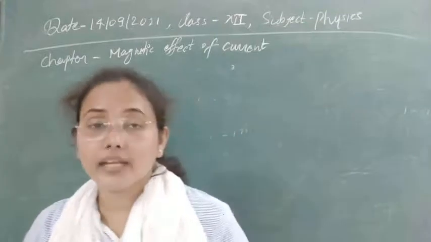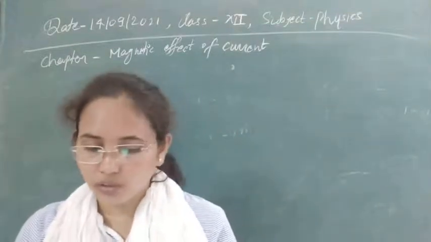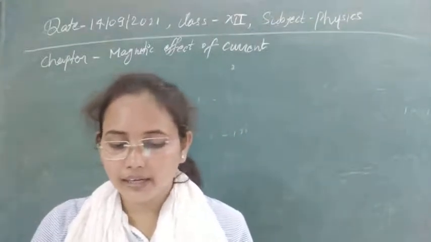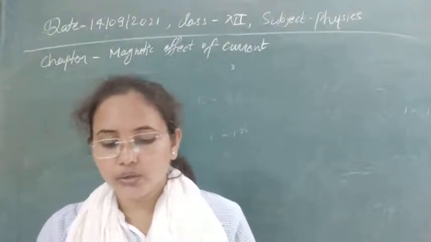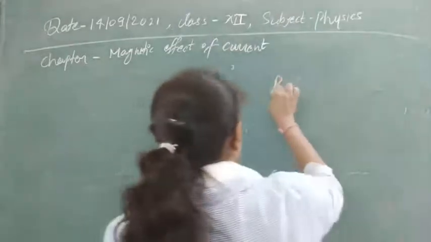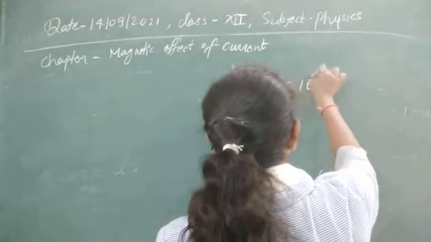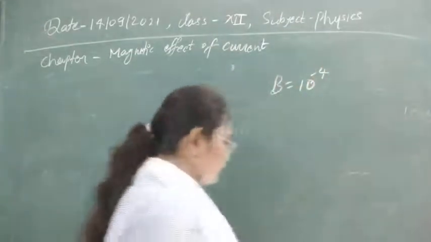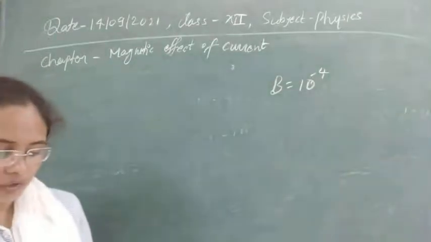Next question: we have a 10 electron volt electron circulating in a plane at right angle to a uniform magnetic field, which is given as 10 to the power minus 4 Tesla. The orbital radius of the electron is what?